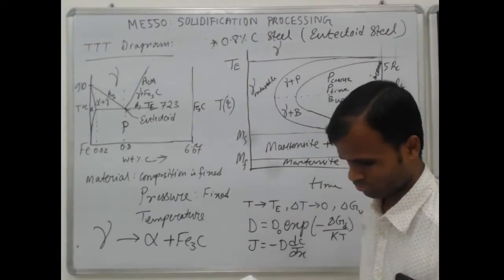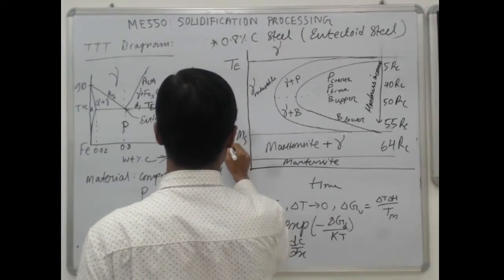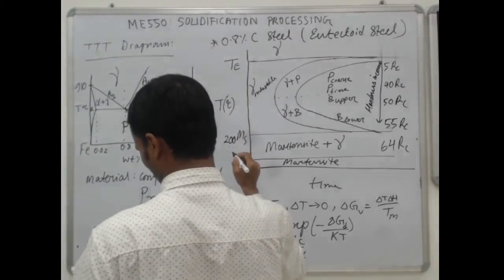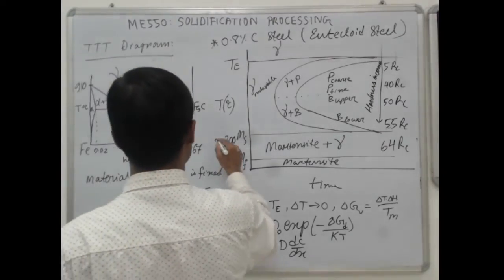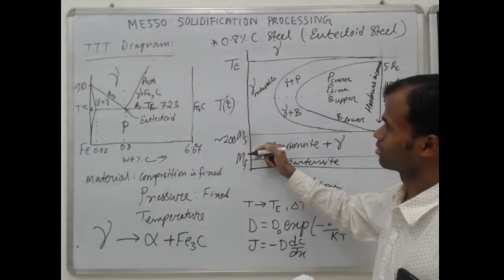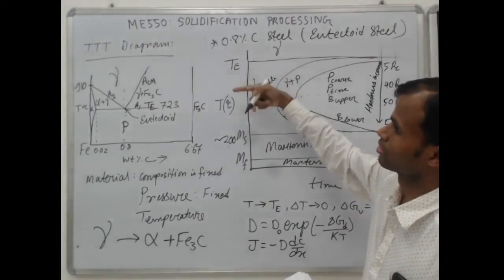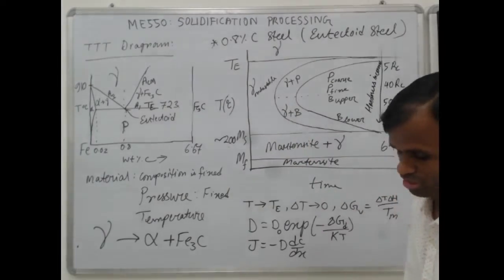So for steel, the martensitic start transformation temperature is around 200 degrees, a little bit more than 200 degrees centigrade. So at this temperature, you are coming from say 700 to 200 degrees, and the time is around 1 second.